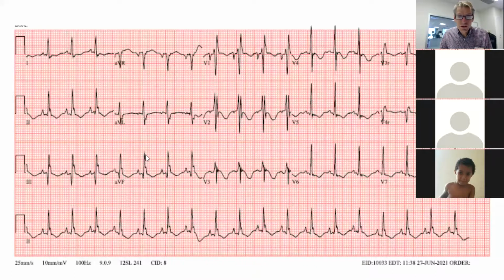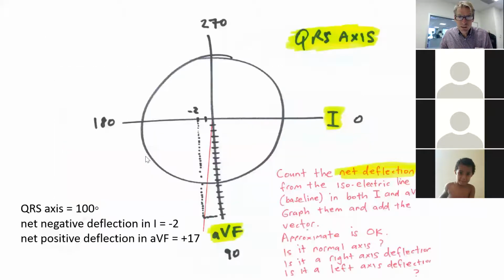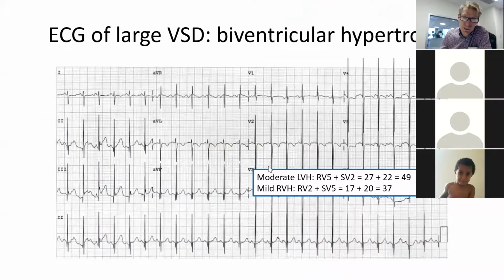So if you go back to the vector, then this is positive in lead 1. So you'd go out 10 here, and then it'd be say 10 or 11 down. And then if you draw a line down here and a line here, then the QRS axis is here. All right, about 45 degrees. And so therefore you know that this boy's QRS axis is at 45 degrees, so that's normal for his age. It's normal for someone like him.